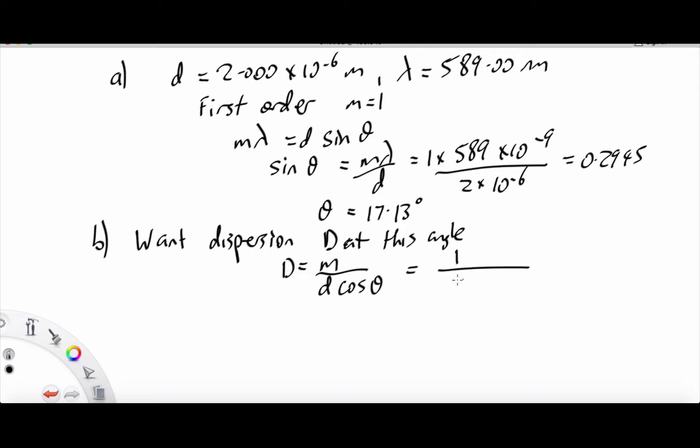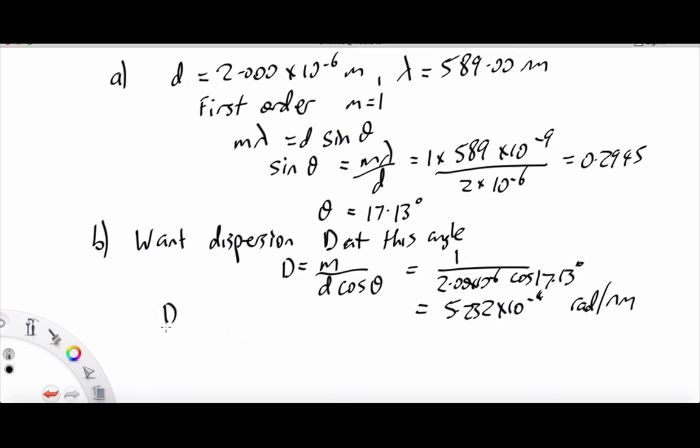So m is 1, d is 2 by 10 to the minus 6, cos of 17.13 degrees. And that is 5.232 by 10 to the minus 4. Dispersion is measured in radians, and we'll do it per nanometer because that's what our wavelengths are mostly in with these calculations.